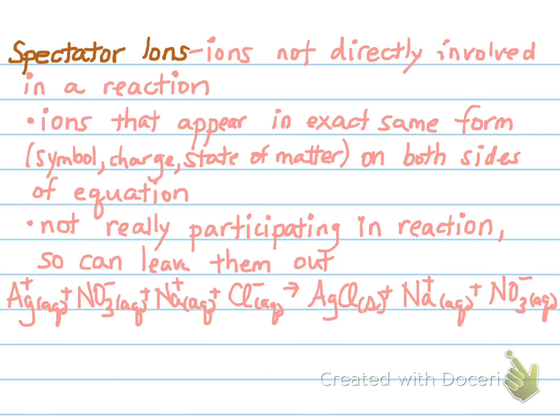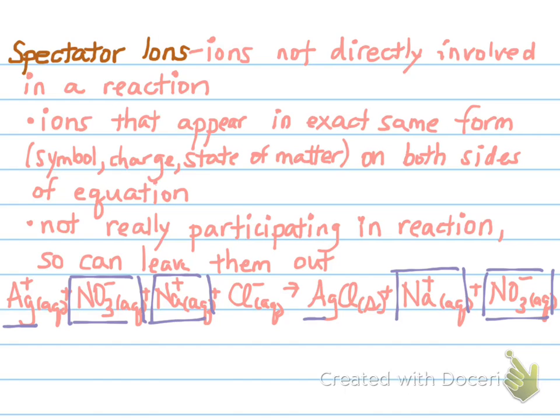So now we're looking for our spectator ions. Which ions appear on both sides of my arrow in exactly the same way? Well, if I look at my silver, does it? No, because it's part of the compound. Nitrate does. And sodium does. Does chloride? No.